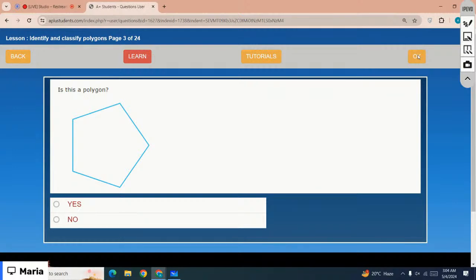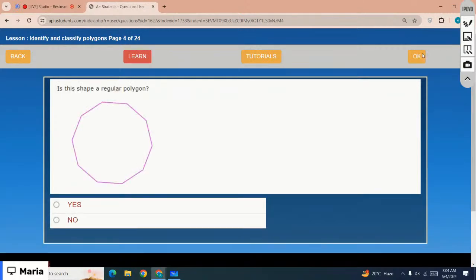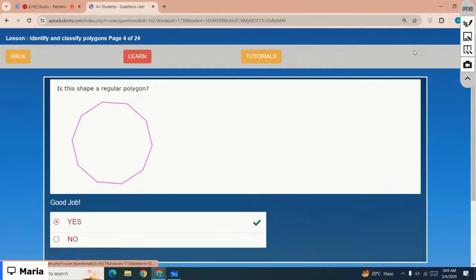Is this a polygon? Yes, it is a polygon, right? The correct option is yes. Yes, it is a regular polygon.